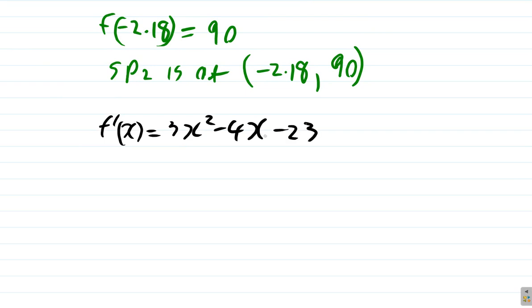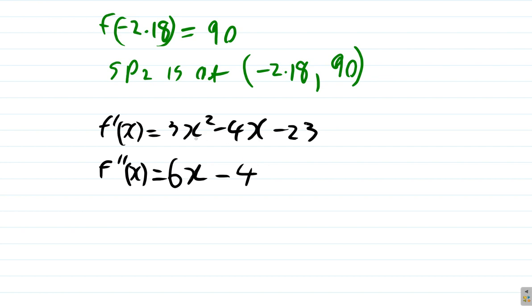So the second derivative f double prime x: differentiate again. It's 2 times 3, that gives us 6x to the 2 minus 1, gives us 6x, minus 4 when you differentiate it.